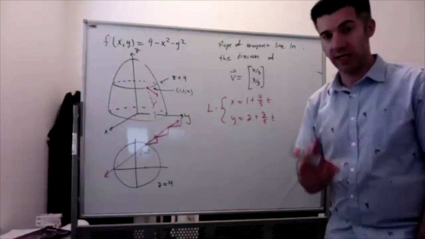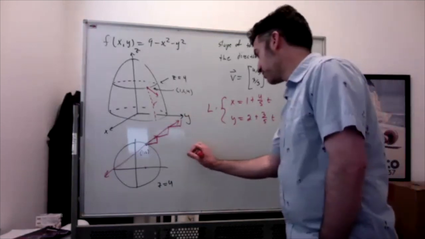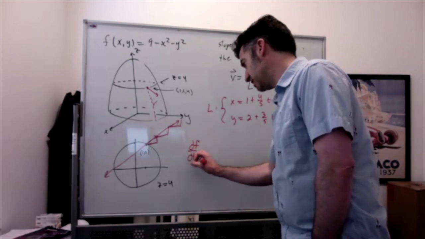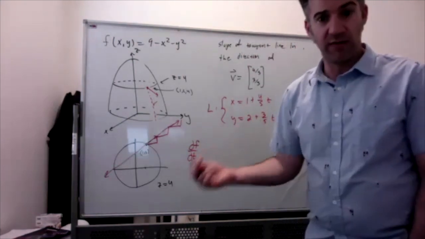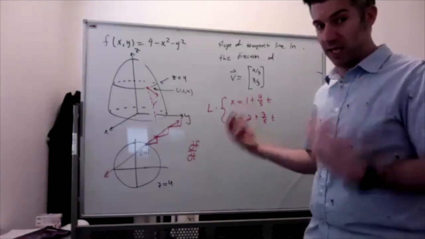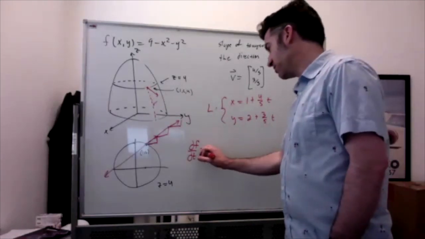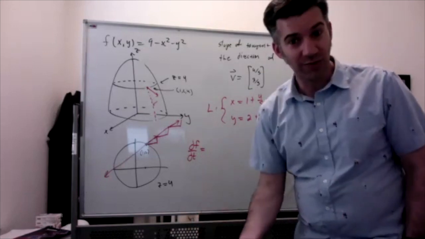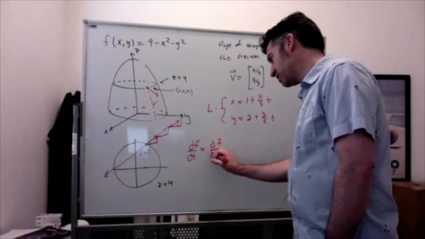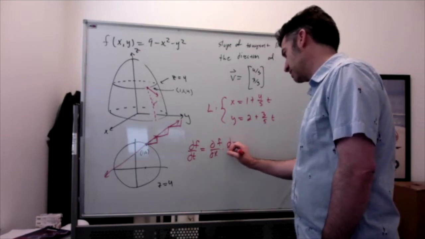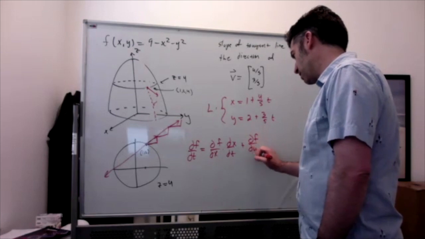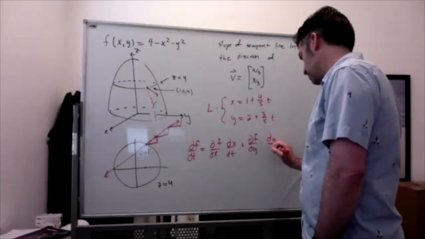So check this out. df/dt, the derivative of f, which I'm looking for. I want to know what's the slope of the tangent. I'm going to use the chain rule. It's going to be ∂f/∂x times dx/dt plus ∂f/∂y times dy/dt.